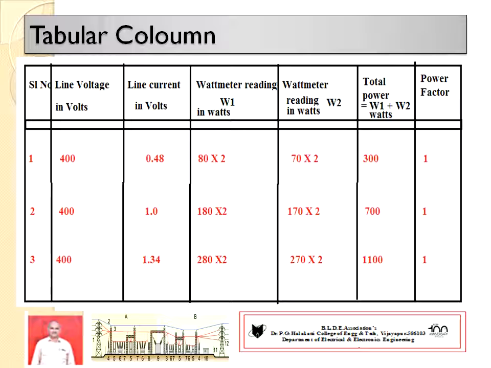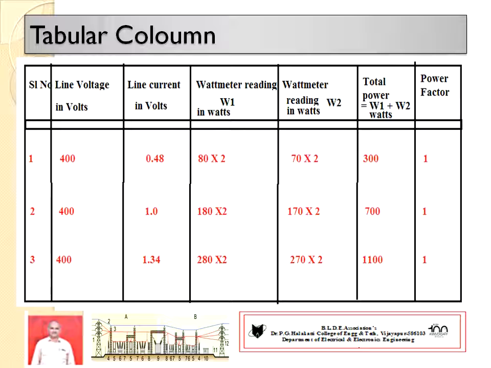The next important point is the tabular column. What are the readings you are going to take for verification of your experiment? Number 1, we want the line voltage in volts, line current in ampere, wattmeter reading W1 in watts, wattmeter reading W2 in watts, and total power W1 plus W2 by the 2 wattmeter method in watts.